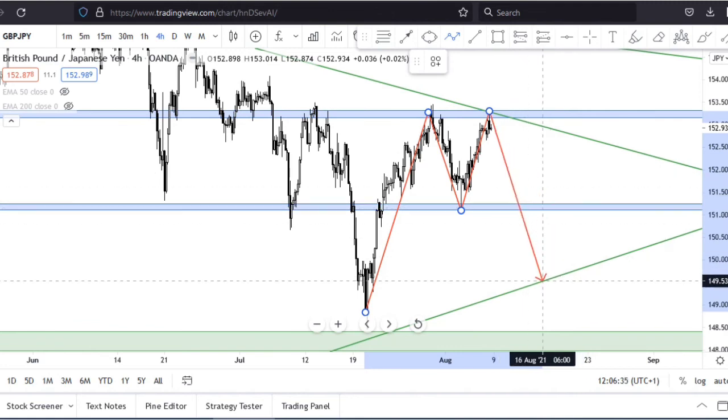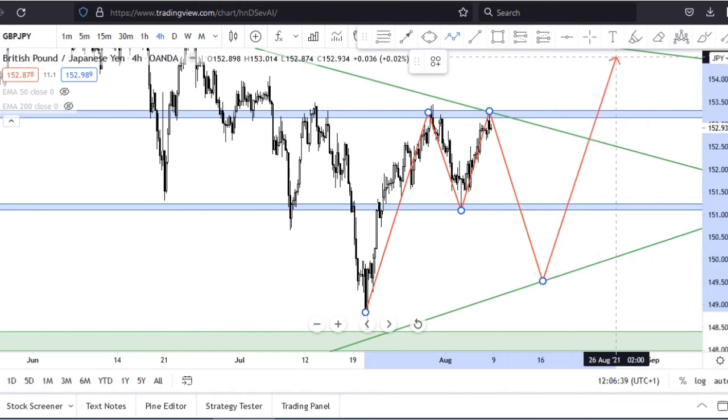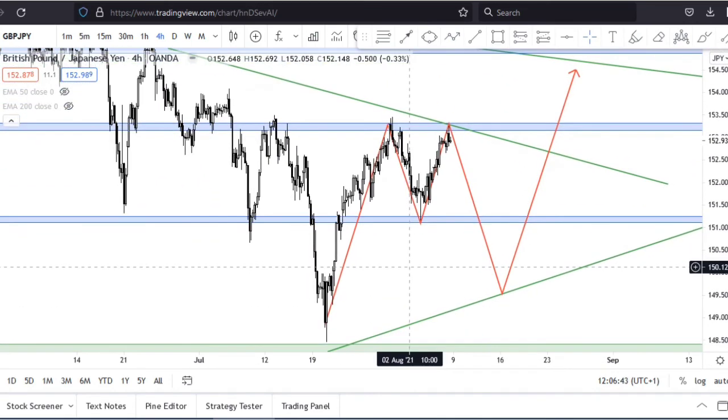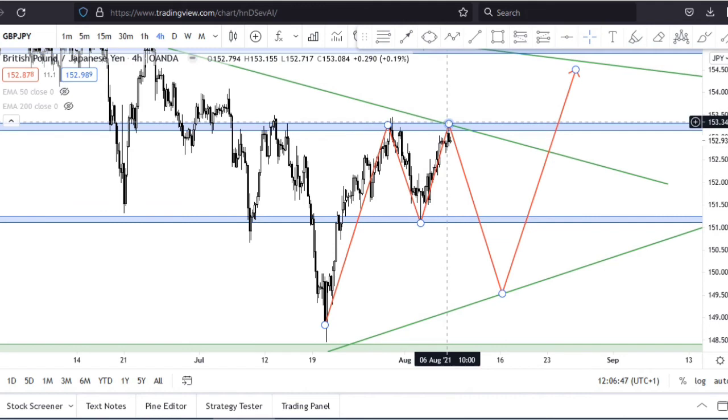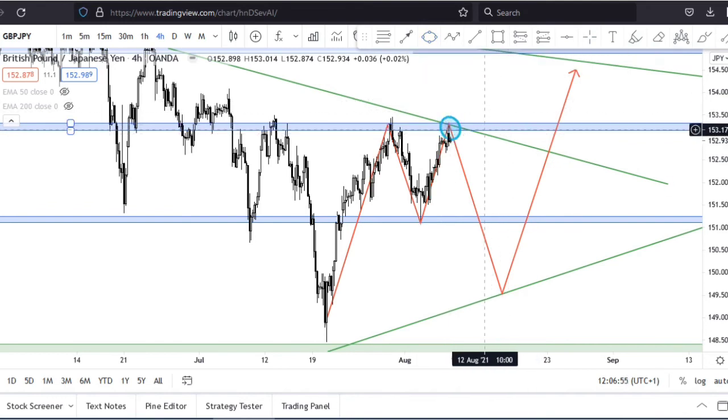So this is our double top pattern that could form, and then a bounce up to continue. This is one idea that could happen on this trade. So that's why this area is very, very key for us. I'm just going to mark it out. This area is very key for us to see what's going to happen there.